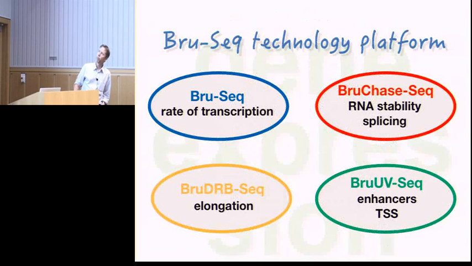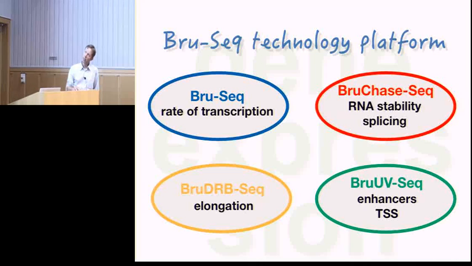The first one is called Bru-Seq. It gives us a handle on the rate of transcription genome-wide. With BruChase-Seq, we age the RNA to any age we would like it to be, and that allows us to look at splicing kinetics and also the turnover of RNA genome-wide.